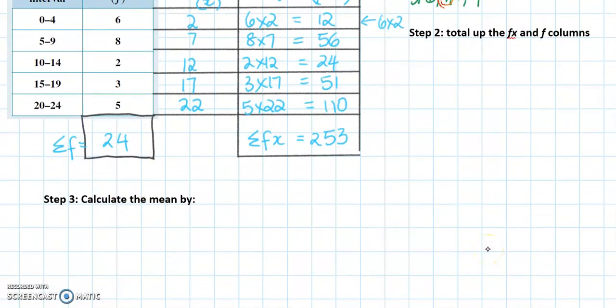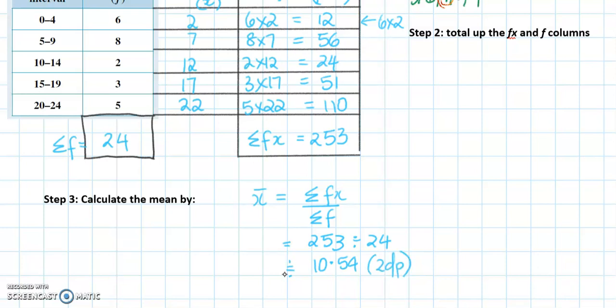As we know, the mean is equal to the sum of fx divided by the sum of f, which means it's 253 divided by 24, which gives us 10.54 approximately, rounded to 2 decimal places.